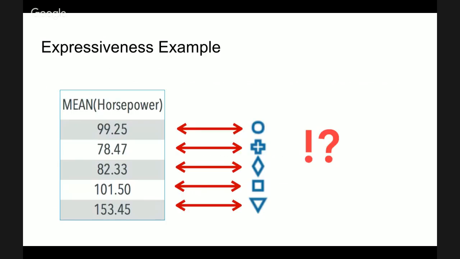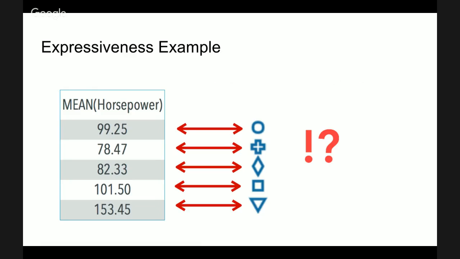This is another one here where we have some quantitative data, so it really expresses a magnitude. 78 is smaller than 99, and 153 is the biggest one. But if you encode this with a shape, so let's say you encode 99.25 as a circle, this as a cross, and so on, then this is not a really expressive encoding.